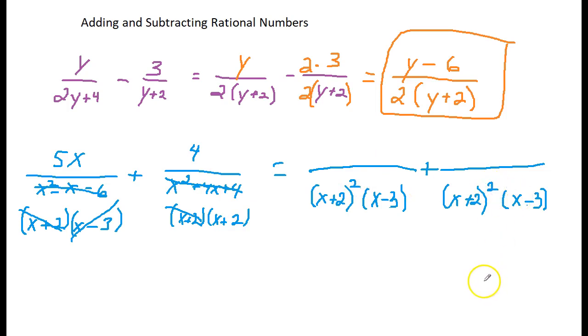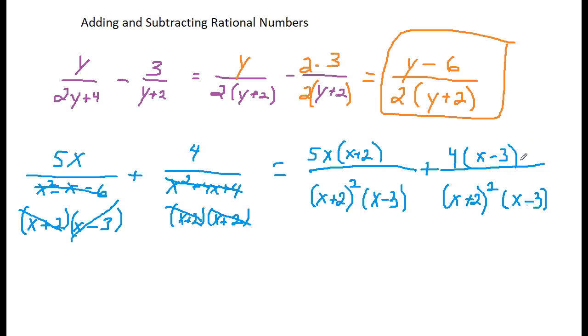All right, now, what did I multiply this fraction by in the denominator? Well, I had to multiply by the additional x plus 2. So I have to take my 5x times x plus 2. What did I multiply the second fraction by? Well, the x minus 3. So I have to take the 4 times an x minus 3.